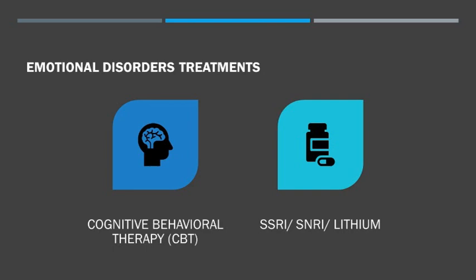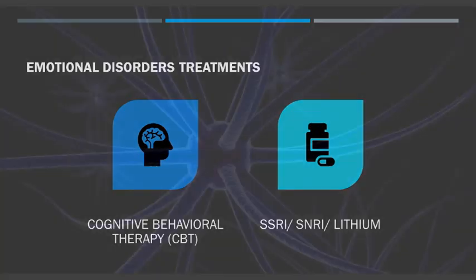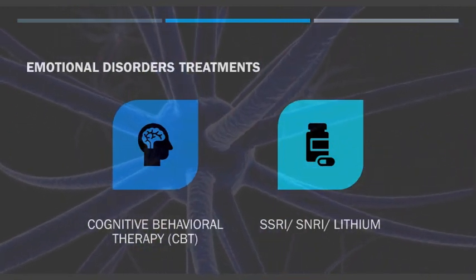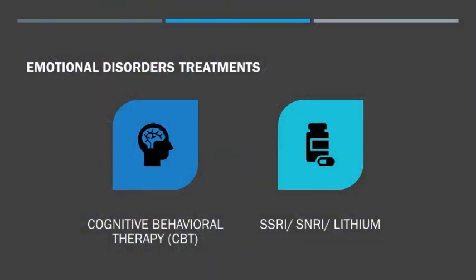With depression, CBT to identify the negative thought patterns and develop more adaptive ways of thinking and coping, and then SSRIs as well as SNRIs, which are serotonin norepinephrine reuptake inhibitors. Both of those seem to tie in well with helping depression.